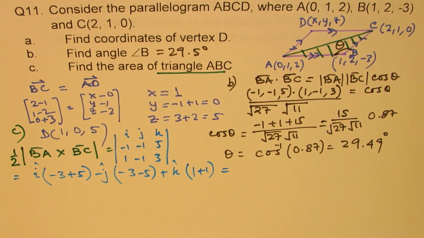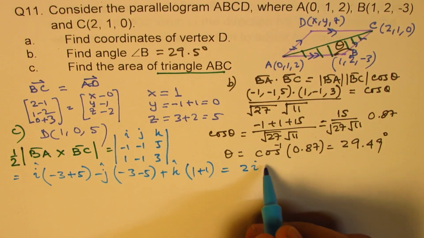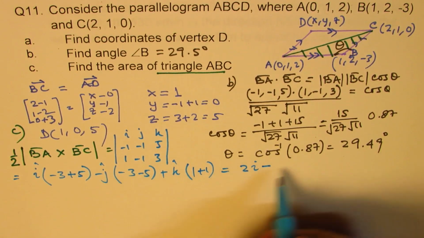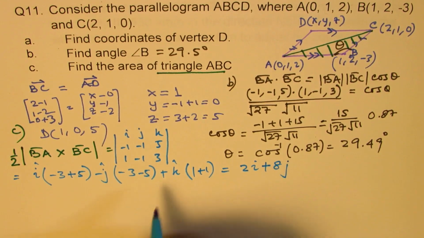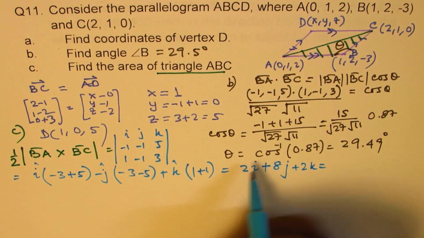So that is 2i, minus becomes +8j, and that is +2k. So that is your vector.